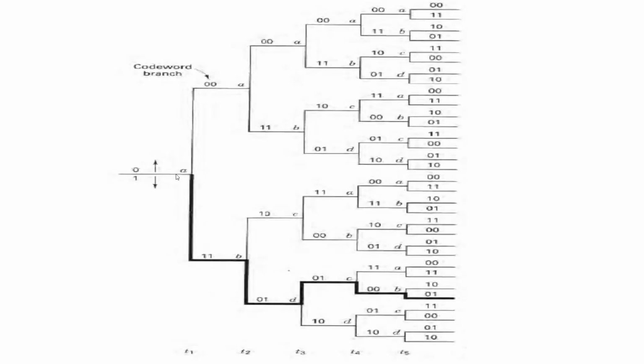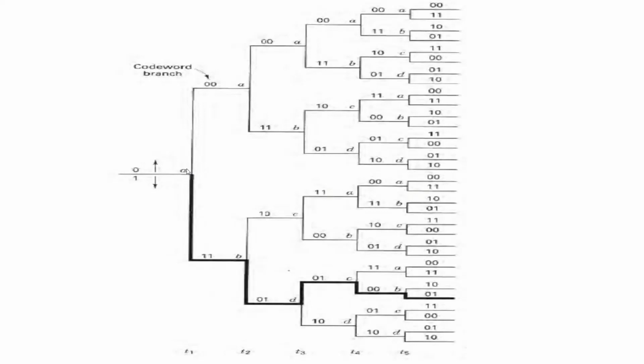And let us say the encoder is in state A. Please try to understand this portion first: the upward direction tells me the input is 0, the downward direction tells me the input is 1, and the encoder is in state A.